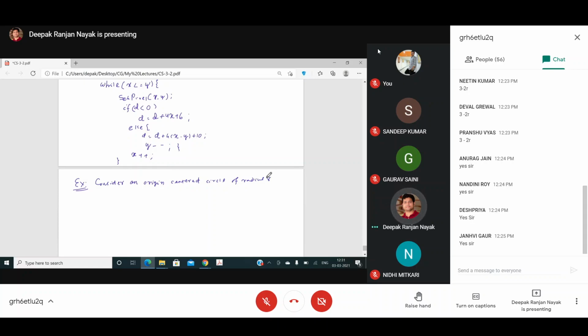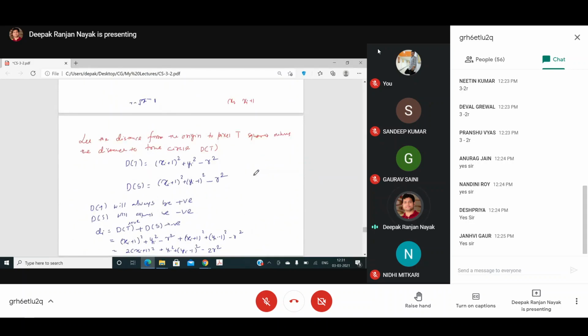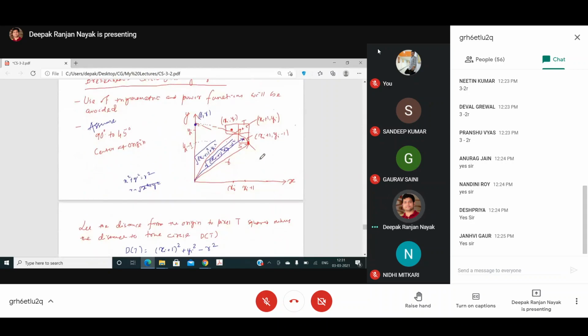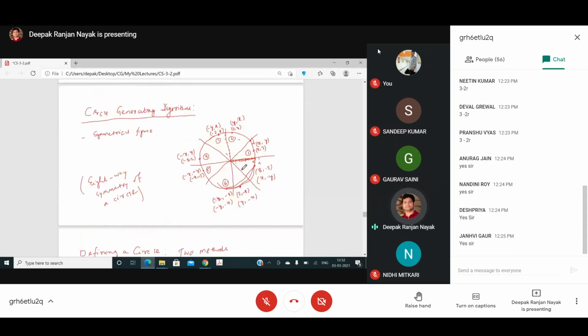First quadrant, not the octant. If you can find the pixel positions for this particular octant, you can calculate the others also, knowing the changes in the signs, from here to here. That's what I've already discussed, XY and YX.